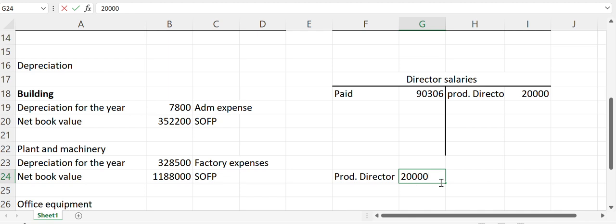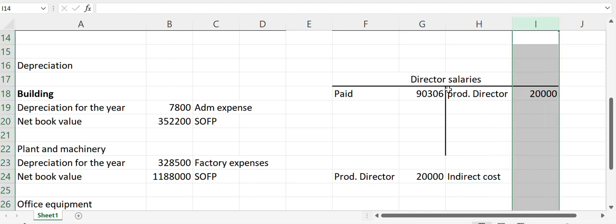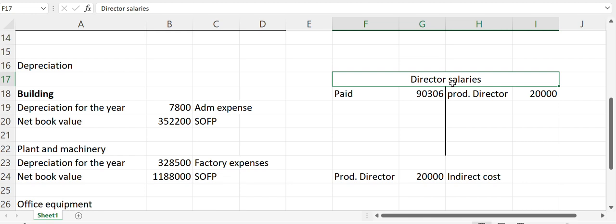20,000. So this figure we are going to record it under indirect cost in the manufacturing account. So we need to remove it under the director salaries, because director salaries will be recorded under admin. Directors are usually involved in the management of an organization or companies, so their salaries are normally recorded under administration expenses.